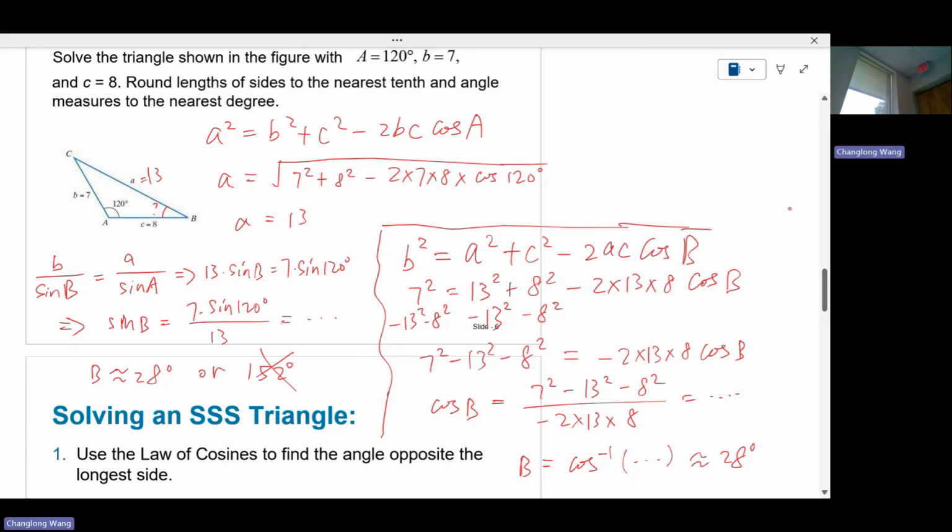Range of inverse cosine. No, it's an interval, right? 0 to 2 pi. Anyone else? Not saying that you're wrong, but I just want to know. 0 to pi. Anyone else?